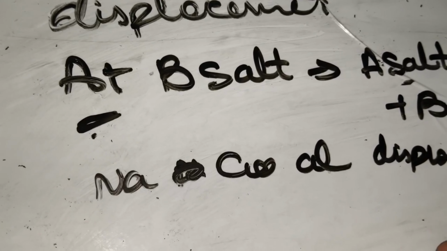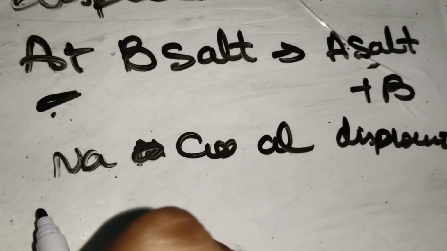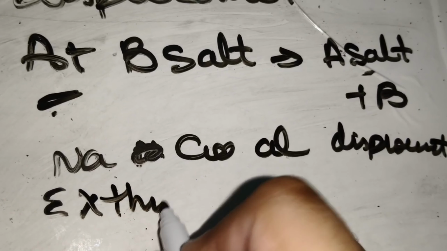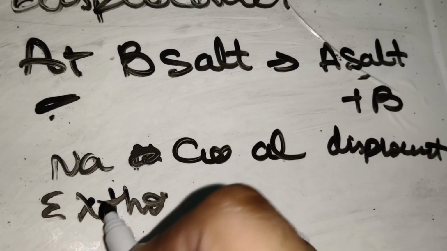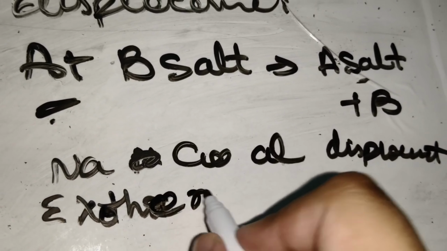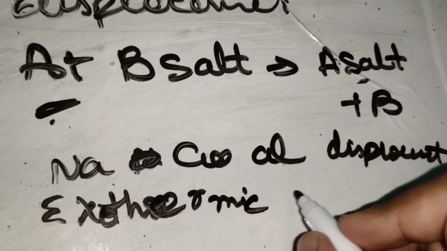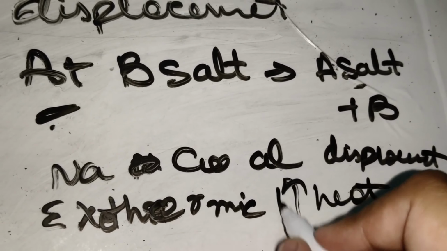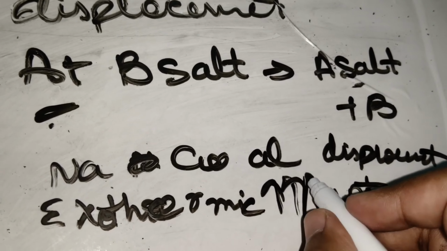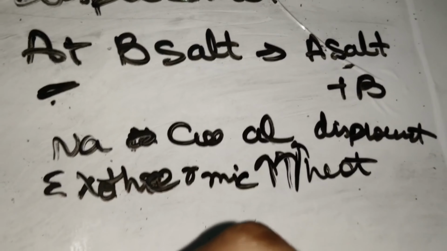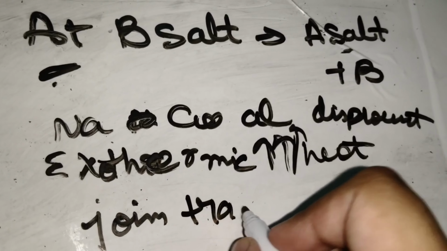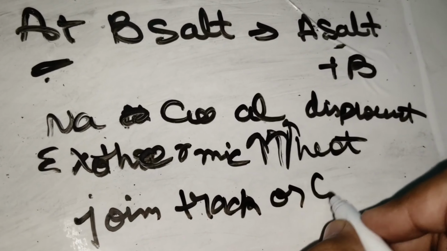And obviously, as this reaction is a displacement reaction, these reactions are highly exothermic, because of which a lot of heat is released, and this is sufficient that it can be used to join railway tracks or cracked machine parts.